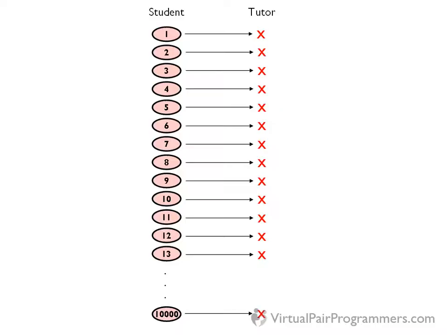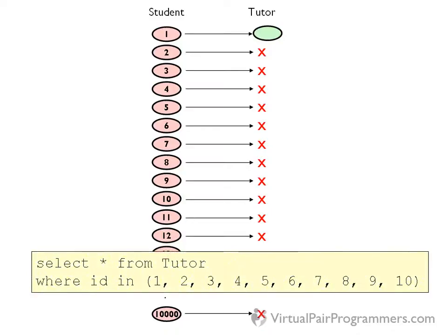When we try to access the first student's tutor, as you know by now, Hibernate will automatically load in that tutor's information. And I'm representing the tutor object there with the green oval. However, the big difference is, if we have a look at the select statement that Hibernate will have used to initialize that tutor, it's going to look something like this.